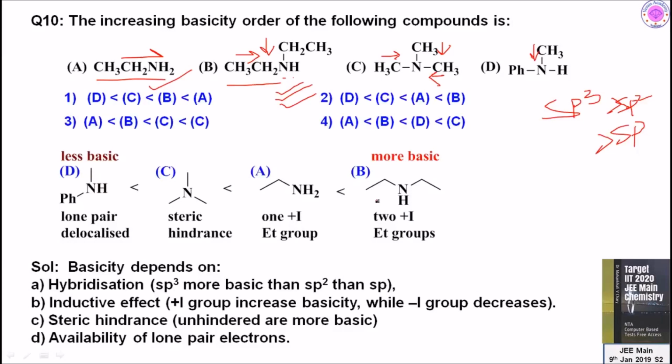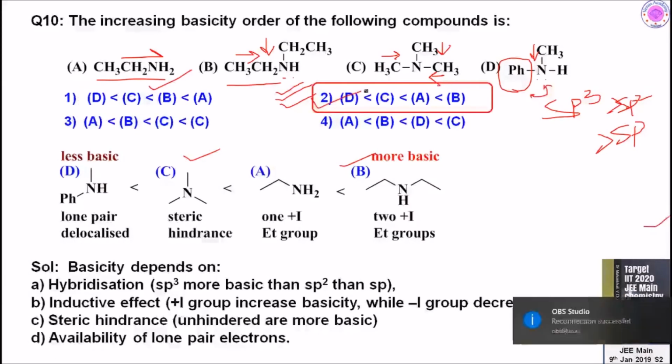So B is first, more basic, that is diethylamine, followed by ethylamine, followed by this trimethylamine. Whereas phenyl, yes, it is least basic because of this phenyl resonance. So this lone pair of electrons is going to participate in resonance, right friends?